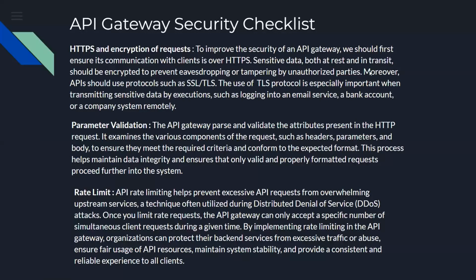Sensitive data, both at rest and in transit, should be encrypted to prevent eavesdropping or tampering by unauthorized parties. Moreover, APIs should use protocols such as SSL/TLS. The use of the TLS protocol is especially important when transmitting sensitive data, such as logging into an email service, a bank account, or a company system remotely.